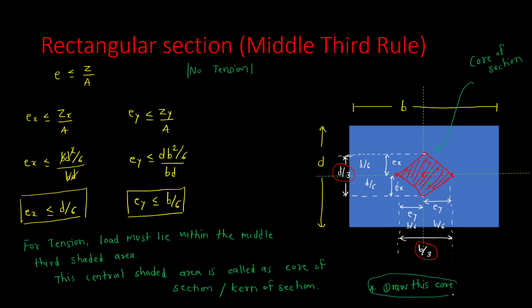There are a few questions which were asked in previous years, that draw the core for rectangular section with width 100 mm and depth 50 mm. So for such width and depth given, you have to draw this core. I have given it here, now calculate the values of ex and ey, and then draw the core.